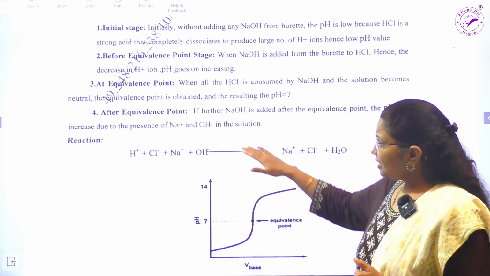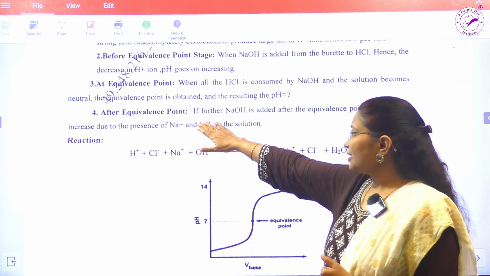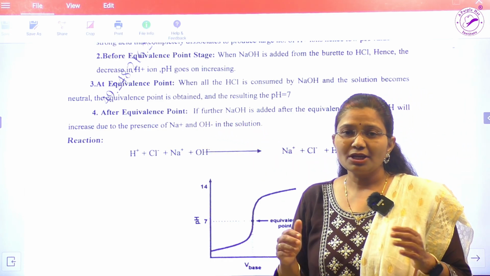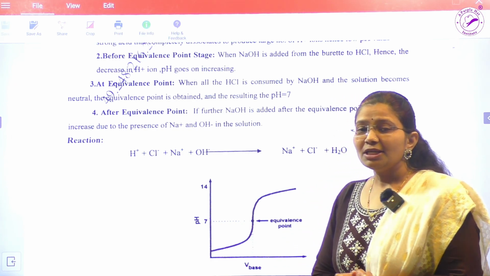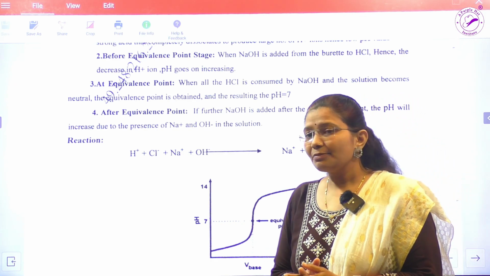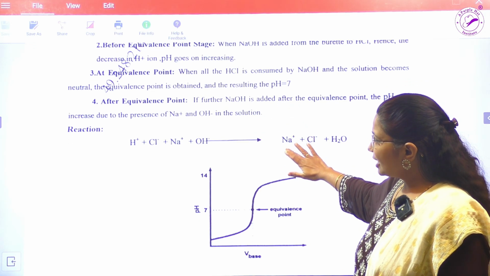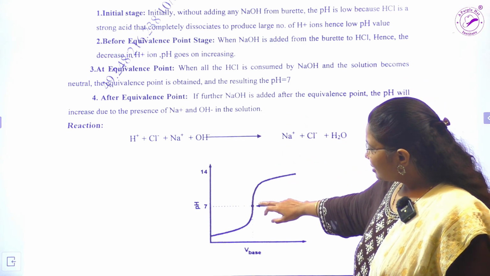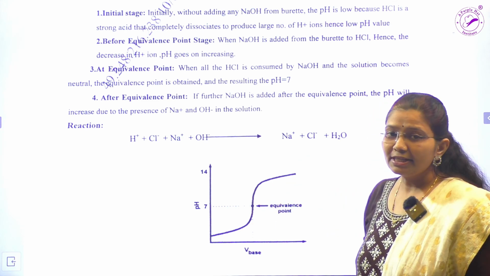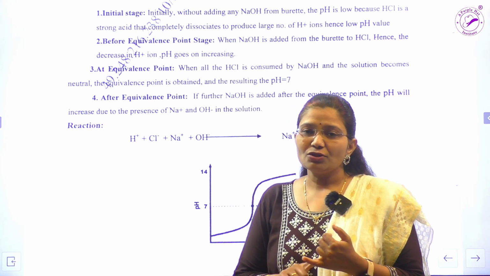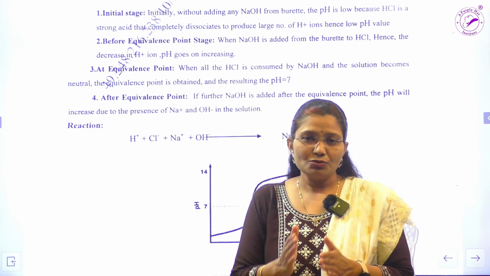Then what happens after the equivalence point? If you add further NaOH solution to the HCl, then this solution becomes basic, and because of this alkaline nature the pH of the solution increases. You know that the pH range of an acid is 0 to 7.